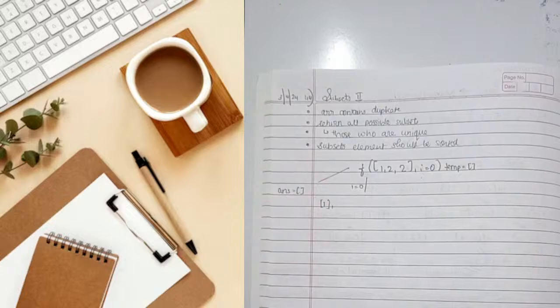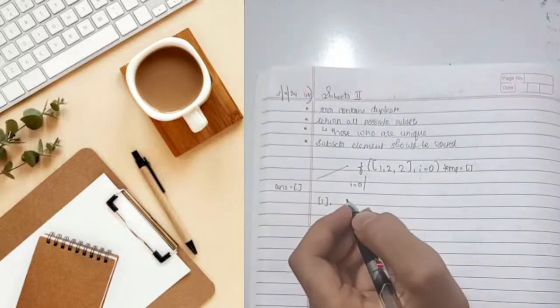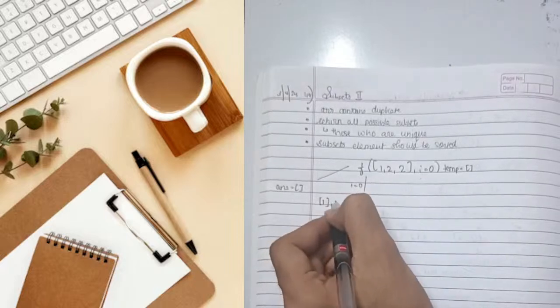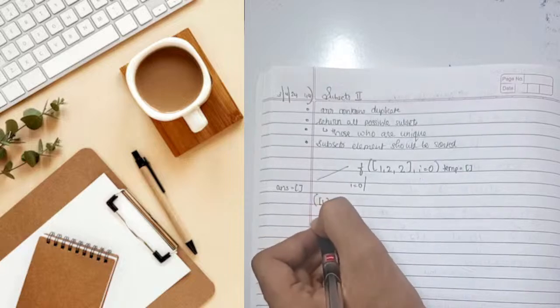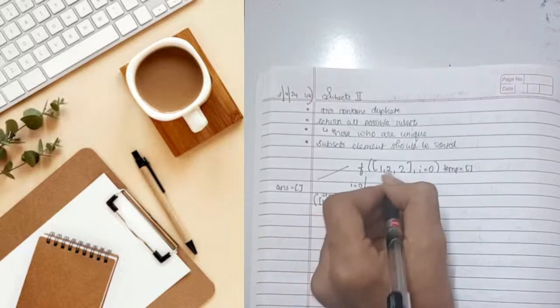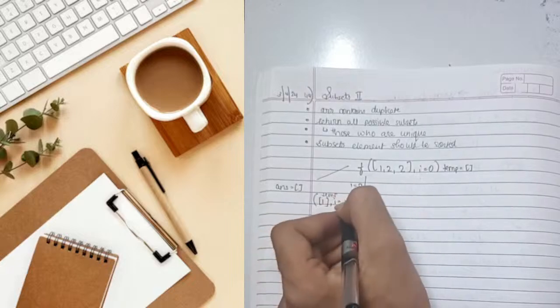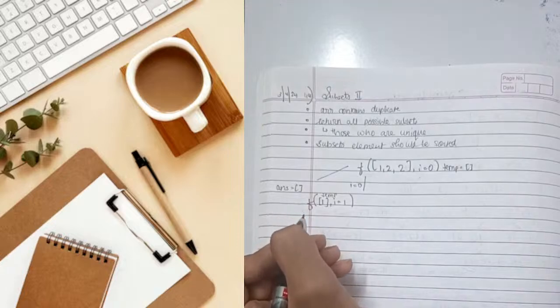Since i equals 0, now we will have to move on to the next index, which is 1. So now our index has moved on to 1, and this is our temp variable. Now this is another recursive call.